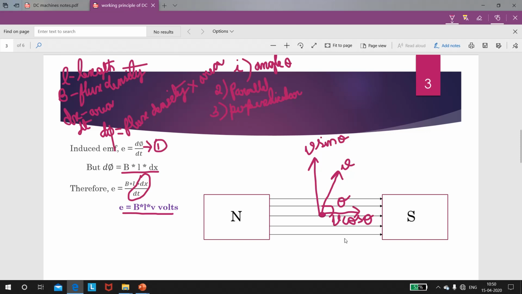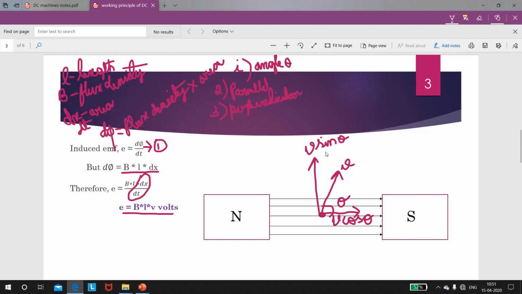Now let me see the parallel component. Now v cos theta, the parallel component, is exactly parallel with the magnetic lines of force. So therefore it does not cut any magnetic lines of force. Therefore because of this component no EMF will be induced. Therefore I can neglect this component. What about v sin theta? If you see this component, it cuts maximum lines of force.